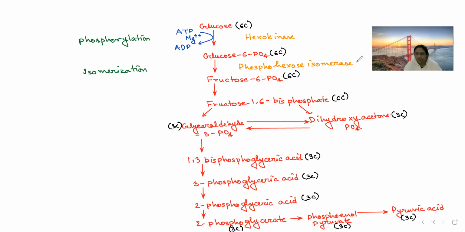Okay. Why phosphohexose? Because earlier it was only hexose, glucose was only hexose. Now a phosphate group is added, so it is called phosphohexose, and it is converting one phosphohexose, that is glucose 6 phosphate, to fructose 6 phosphate.